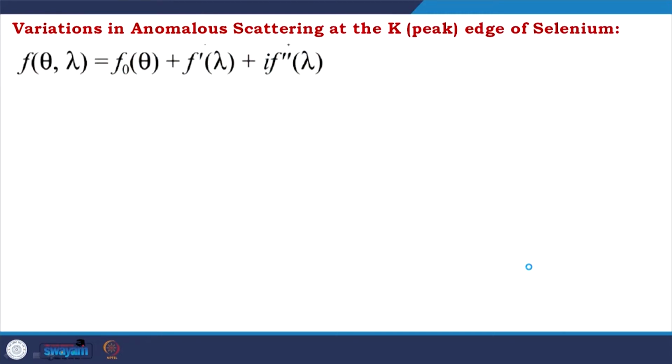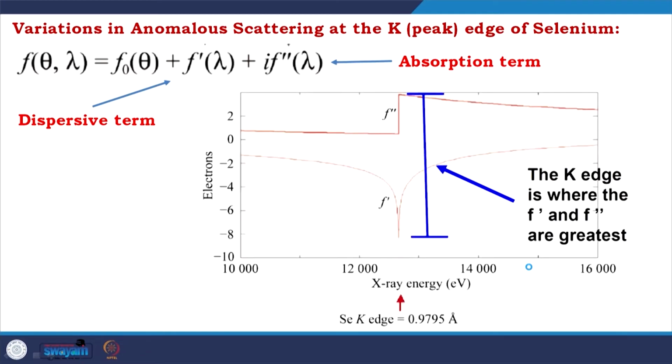So, variation in anomalous scattering at the K edge of selenium, as we have talked about earlier, f(theta, lambda) = f0(theta) + f'(lambda) + i f''(lambda), where f'(lambda) is the dispersive term and i f''(lambda) is the absorption term.